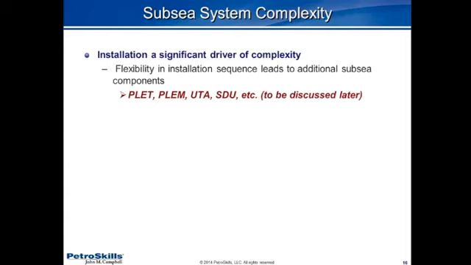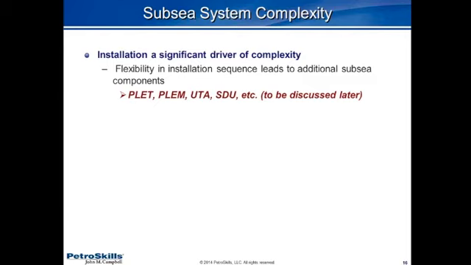So this complexity is often driven by the installation needs and a number of components that are used in order to make it possible to assemble the system on the seabed.